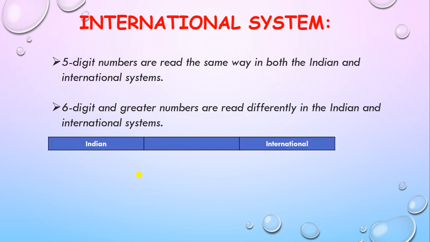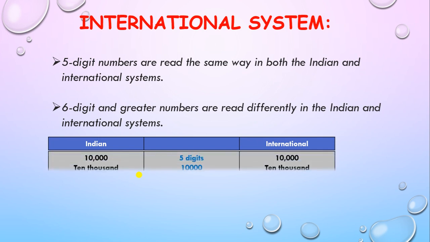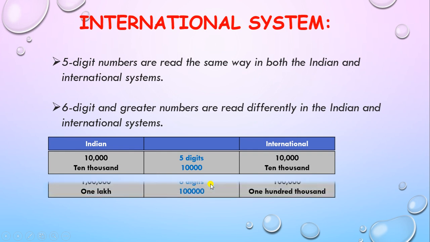Let's see one example. A 5-digit number, the given number we are reading as 10,000 in the Indian system and 10,000 in the international system. So here you can observe that both numbers are read the same way in both the systems. So let's see a 6-digit number.